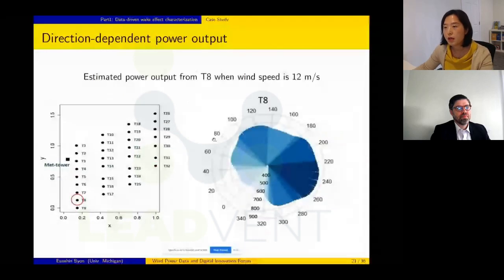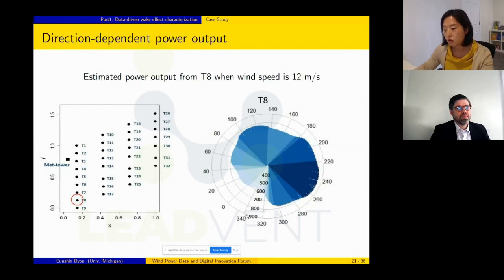And this shows the estimated power output at one of the turbines, T8, when wind speed is 12. So when wind speed is 12, depending on wind direction, its estimated power generation changes. When the wind direction is 240, which is from west to east, then T8 is the upstream turbine, so it generates the largest level of power.